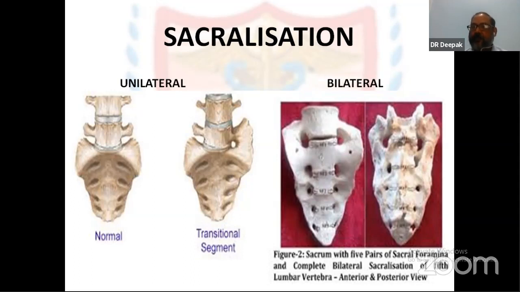It may be unilateral or bilateral. In unilateral sacralization, one side of the transverse process of the L5 vertebra is fused with the sacrum, and in bilateral sacralization, the fifth lumbar vertebra is fused on both sides with the sacrum.